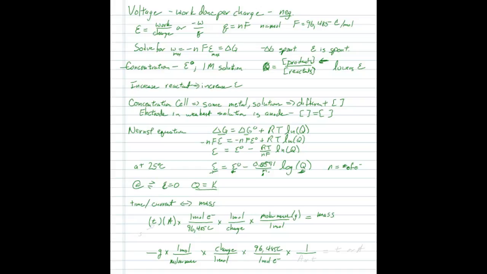If you want to find the time, you put A. If you want to find the amperage, you put the seconds. T is in seconds, by the way. If you plug in the amps, you would find the amount of time. If you plug in the time, you'll find the amps. So whatever you plug in here, you'll find the opposite. That concludes this lesson on concentrations and voltage.